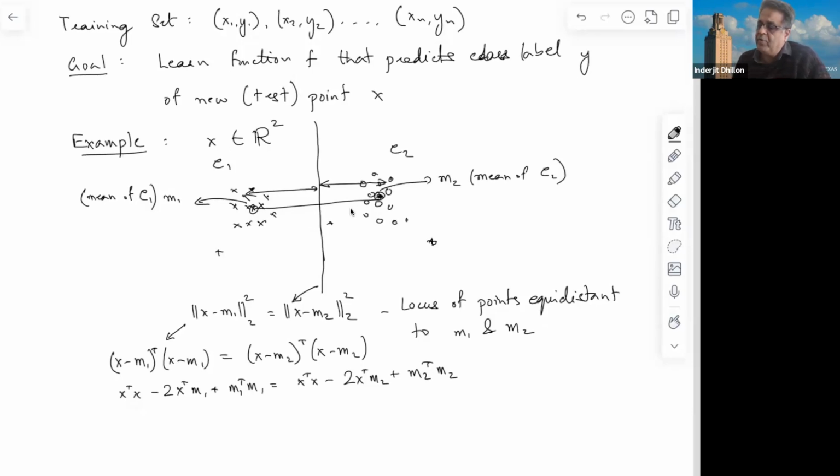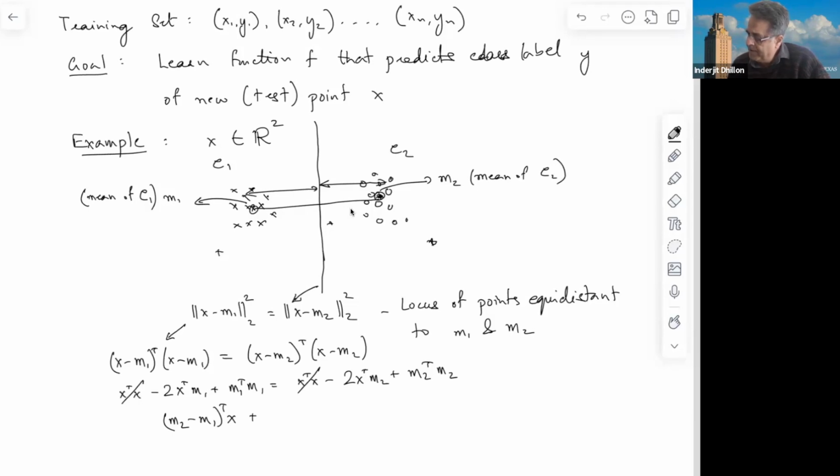Okay, and remember the locus of... let me just take this, and this kind of cancels out, right? Let me take M2 minus M1 to one side. So I'll get (M2 minus M1) transpose X, right? Remember, M transpose X is the same as X transpose M. And I'm dividing by 2 throughout.